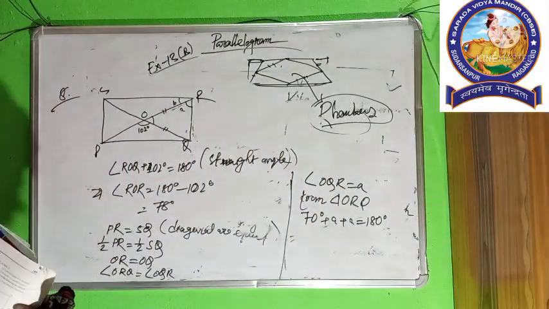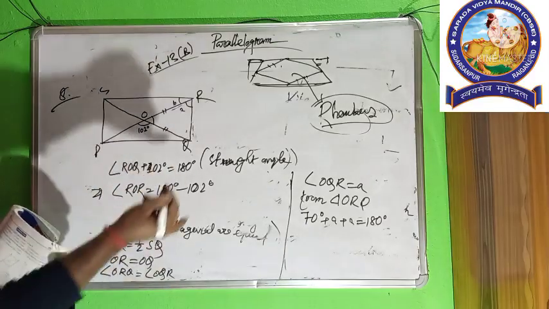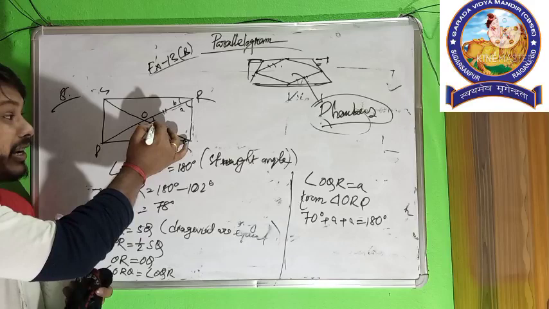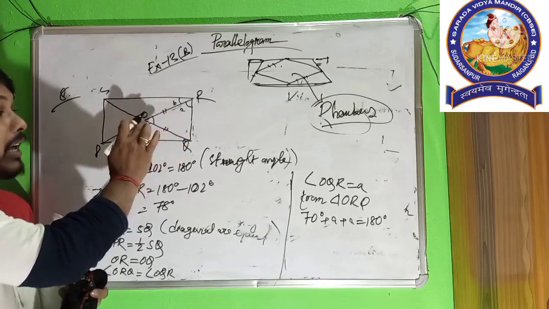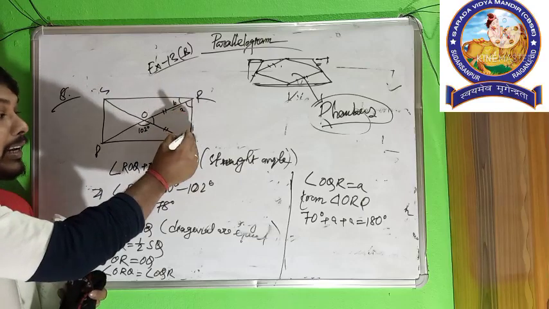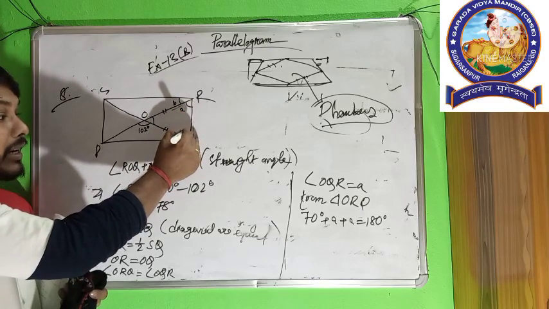But we can use another thing also. This is the exterior angle of this triangle, and the exterior angle equals the sum of the opposite interior angles. So directly we can say that a plus a equals 102, so 2a equals 102.